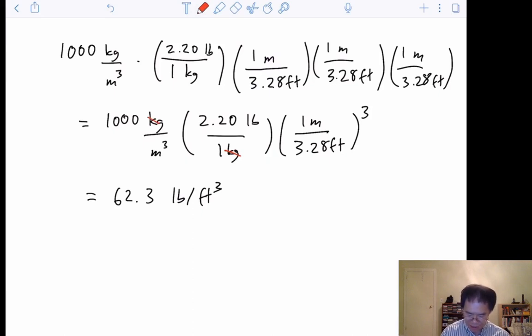Notice that we have our 3 factors of meters canceling 3 factors of meters there, leaving us in fact with pounds and then 3 factors of feet in the denominator. So indeed, pounds per cubic foot. So this technique lets you definitively see what you're doing and helps to prevent the kinds of mistakes that can happen if you have a conversion factor inverted.